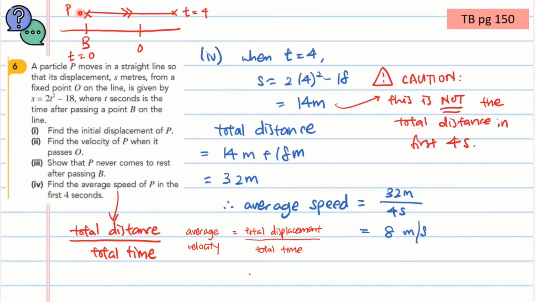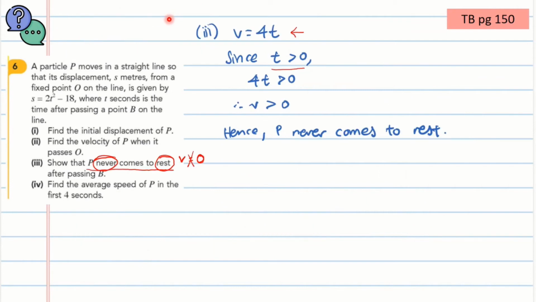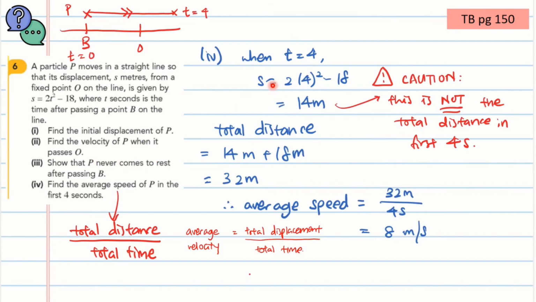The particle P moves in a straight line to the right because we take right as positive, and we have seen that V is always more than 0. So it's always going in a straight line path and never comes to a stop. Our question wants us to find the average speed in the first 4 seconds, so t is equal to 4. What I need to find is the total distance here.